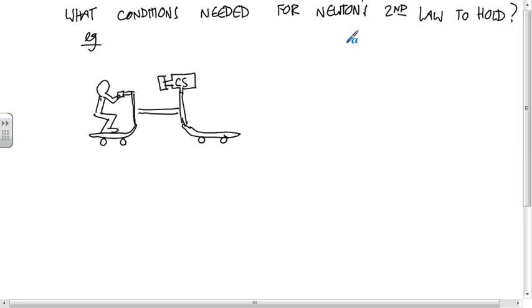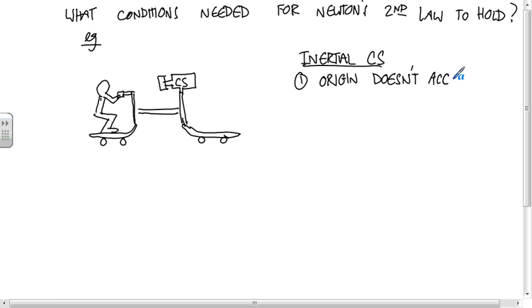So the origin isn't accelerating. I guess let me write this down. Origin doesn't accelerate. And second, the axes don't rotate.